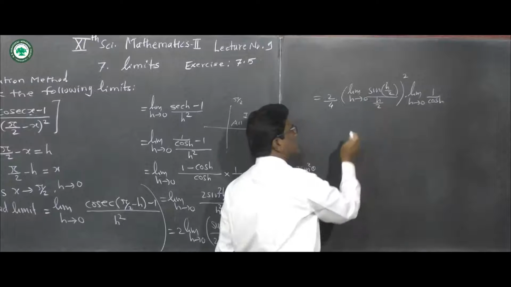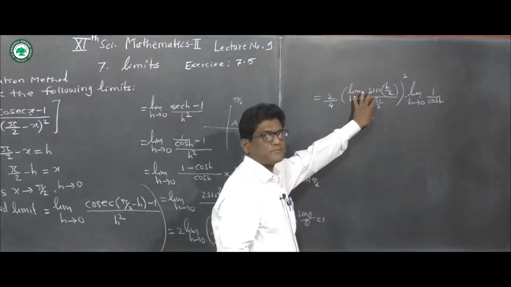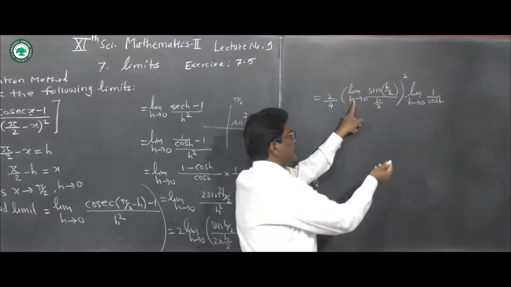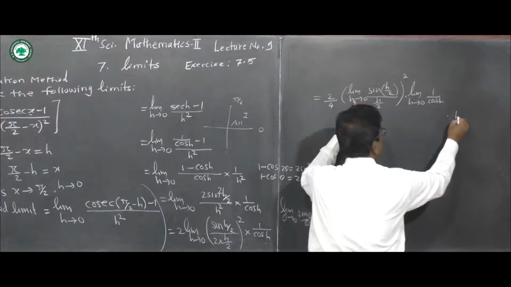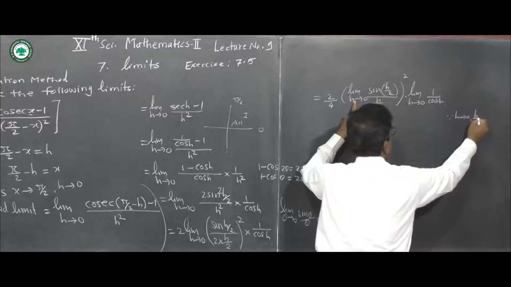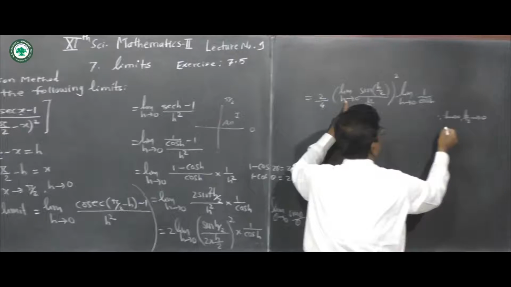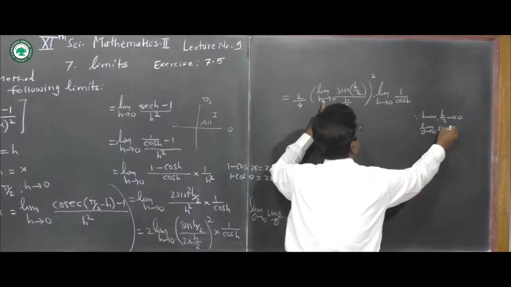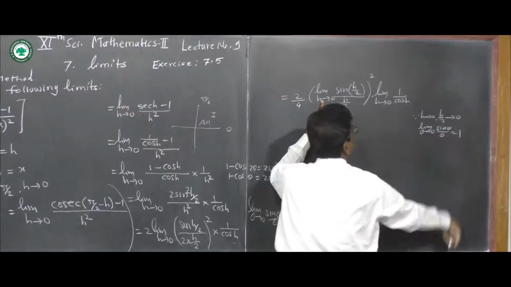Now this is the standard formula, the value of this is 1, because here theta divided by theta, theta tends to 0. So we write the reason as, since here h tends to 0, h by 2 also tends to 0, and using the standard formula, limit theta tends to 0 of sin theta divided by theta is equal to 1.